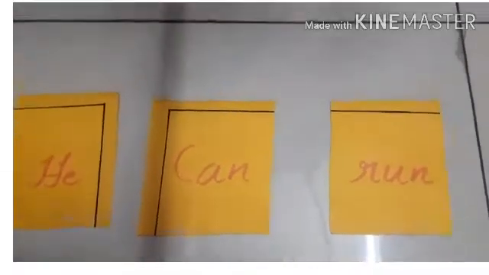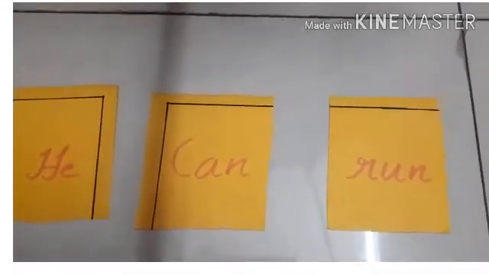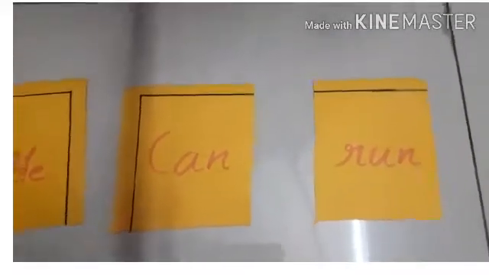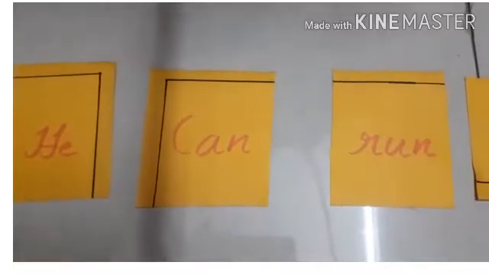Then what is next? He can run, or he run can, which is right? Now this is okay. He can run. Is it okay now? No. If we finish one sentence, don't forget to put the full stop at the last. So now we can put the full stop here.